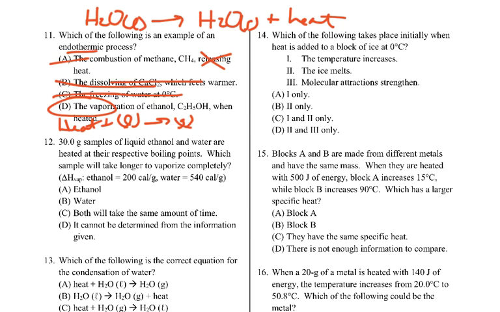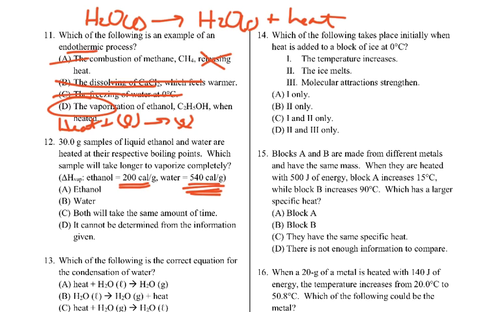Number 12, 30 grams of liquid ethanol and water are heated at their respective boiling points. Which sample will take longer to vaporize completely? The delta H of vaporization. Okay, so we have two different heats of vaporization for two different substances. Now, this is not a calculation. This is a think-about-it problem, and we're saying that this one here resists change in phase.